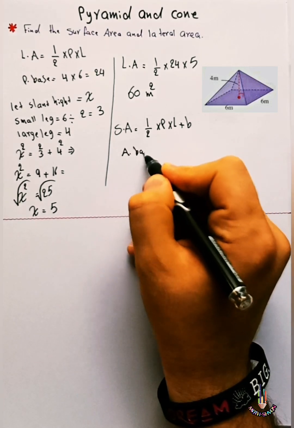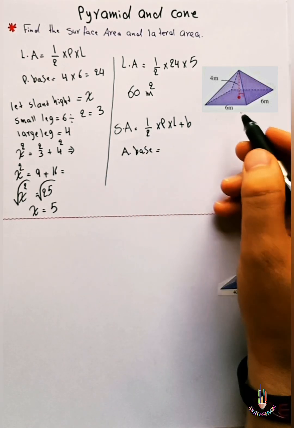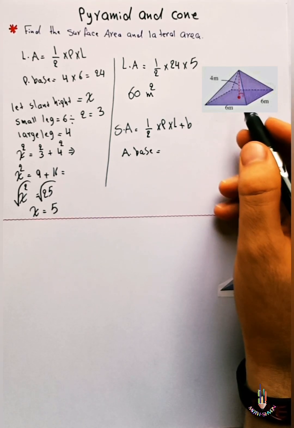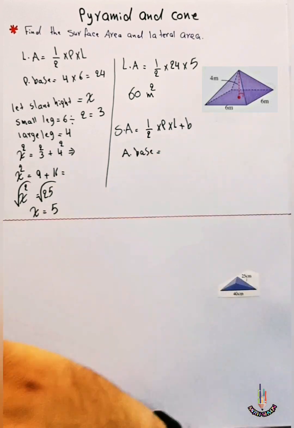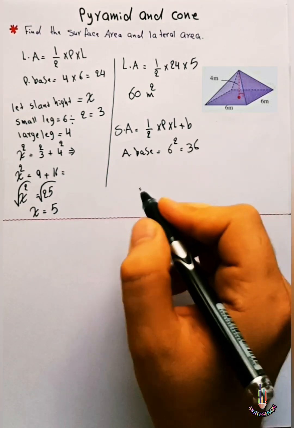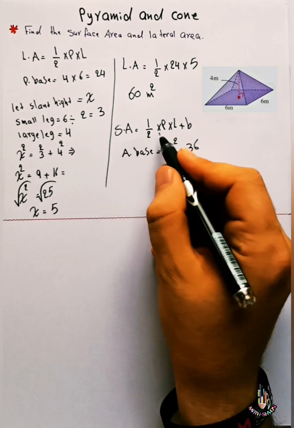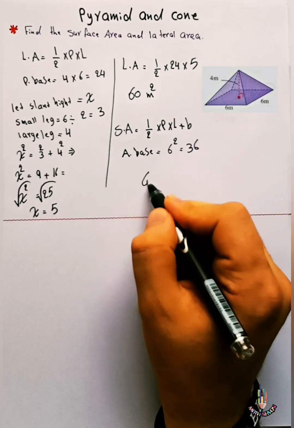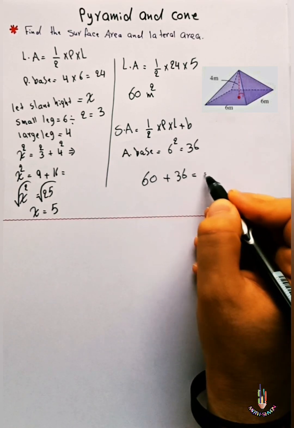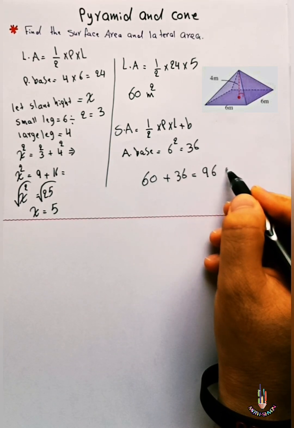The base is a square, and the rule for a square is side square. So we have 6 square equals 36. So surface area is the lateral area, 60, plus the area of the base, 36, equals 96 centimeter square.